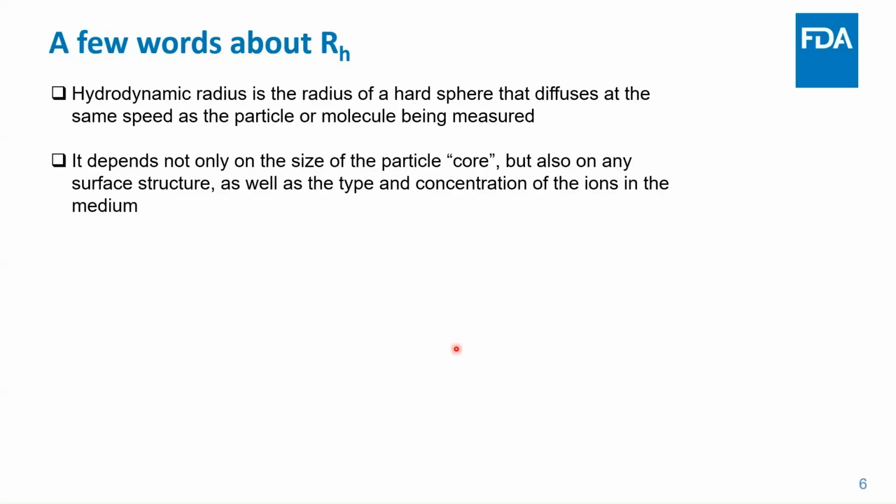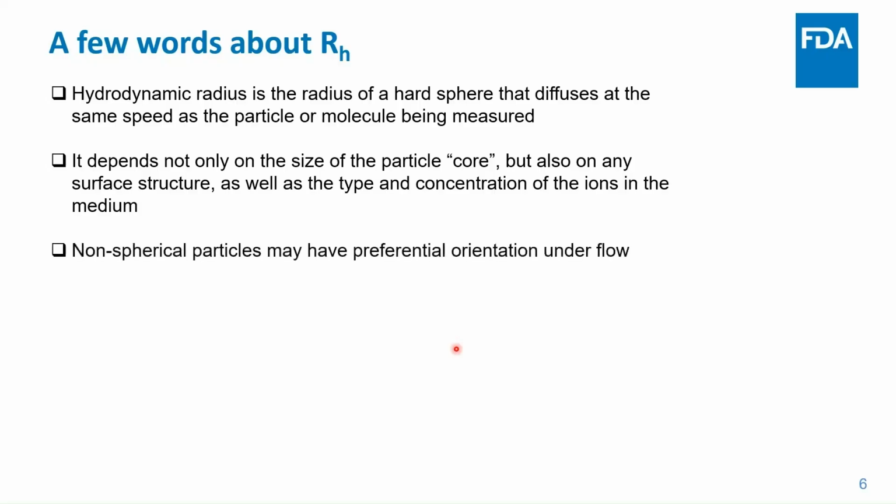This depends, as I said before, not only on the core size, like the projected TEM image or the microscopy-based size, but also on the structure of the surface, the drag, the hydration, and on things like solution properties. So how do solution properties affect things like the hydration layer or the conformation of things on the surface of a particle? And of course, we're still in assumed sphere land.